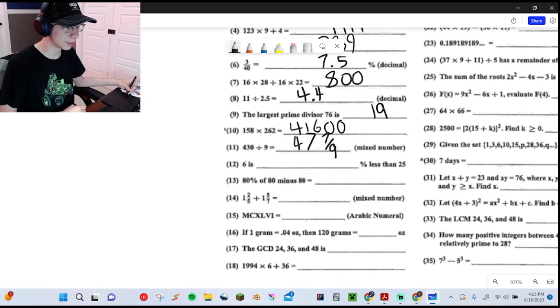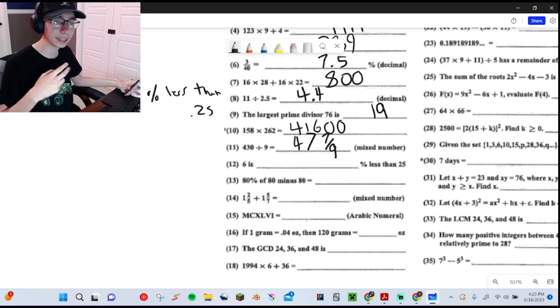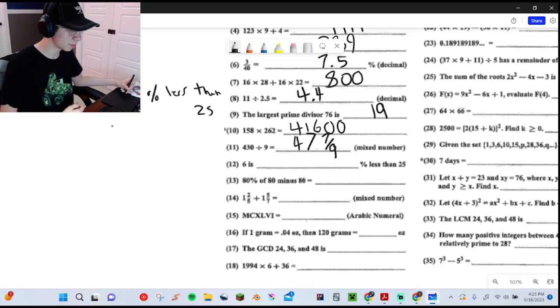For these kinds of questions, the way to calculate what percent less something is than another, if I replaced 6 with, let's say, 27 is what percent less than 100.